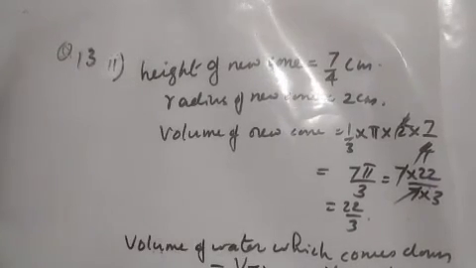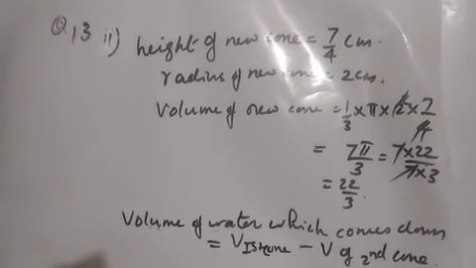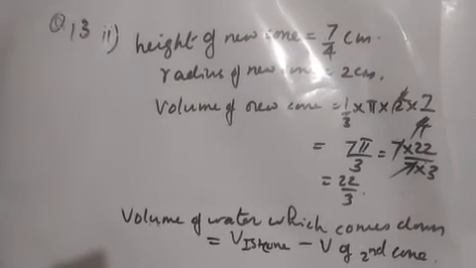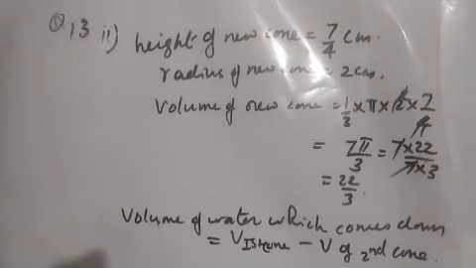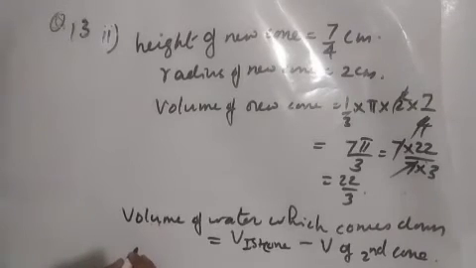What is the volume of water which drops down? Yes, that is equal to the difference in the volumes of the first cone and the second cone. Let us equate that. The volume of the water that comes down is in the shape of a cylinder, no?